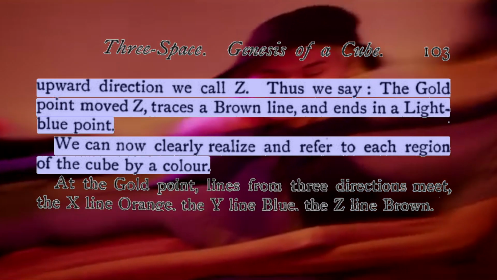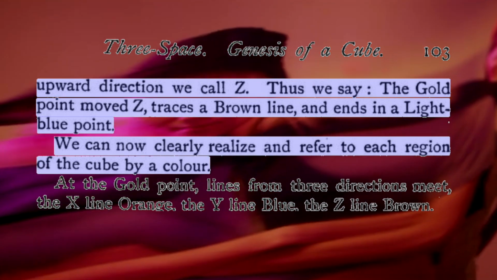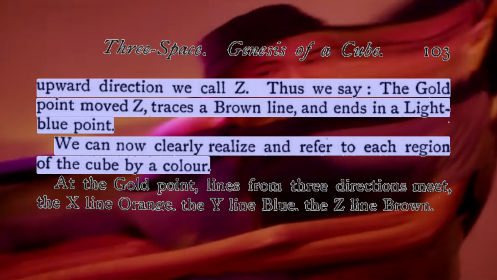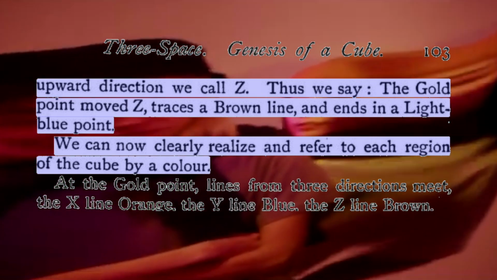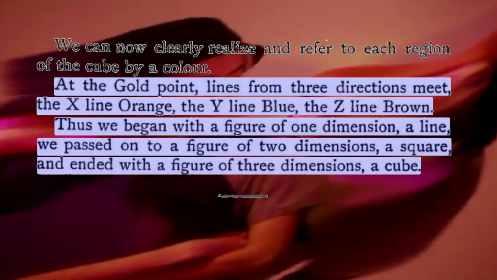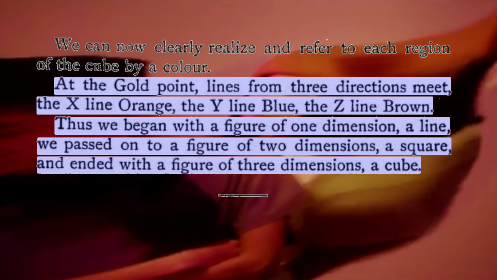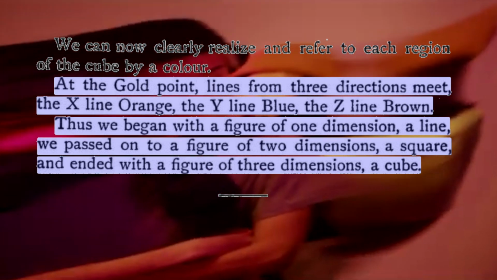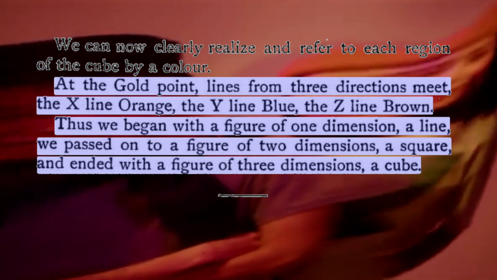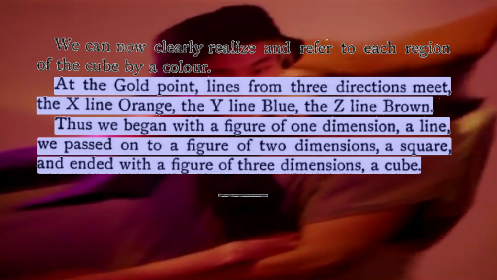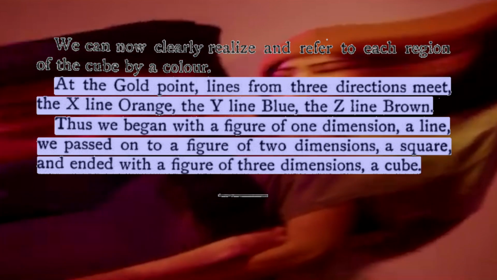Thus we say, the gold point moved z, traces a brown line, and ends in a light blue point. We can now clearly realize and refer to each region of the cube by a color. At the gold point, lines from 3 directions meet, the x-line orange, the y-line blue, the z-line brown.